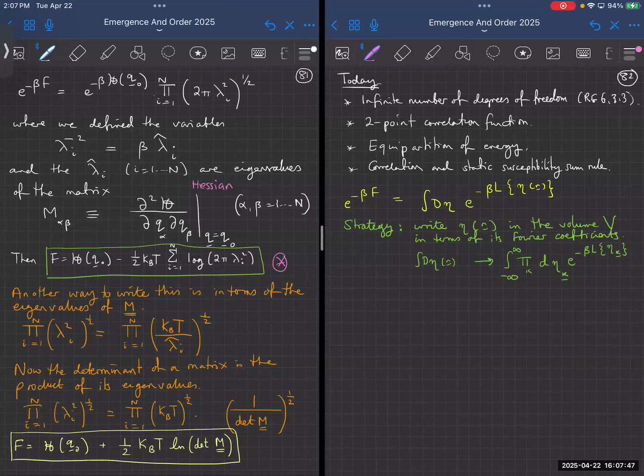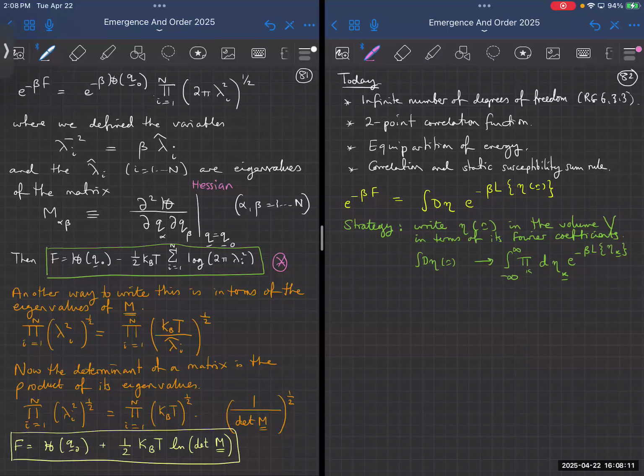And now I've got a discrete set of Fourier components. So my functional integral d eta really just means the product over the allowed k values of the d eta k, and then the Landau free energy as a function of the Fourier components.